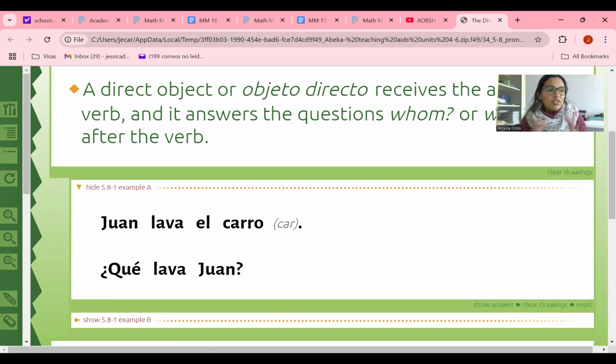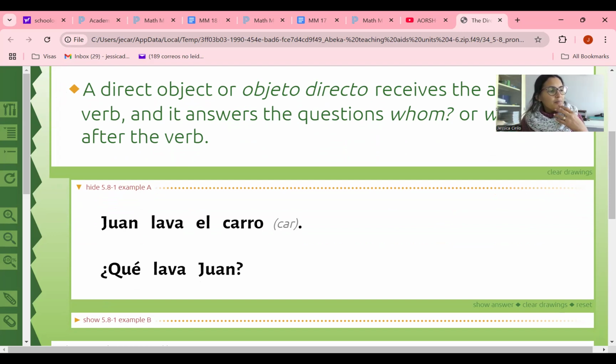It's the same as in English, right? In English, if you say, Susana eats apples, the direct object is apples because it answers the question, what is Susana eating, or what does Susana eat? So it answers the question what or whom.